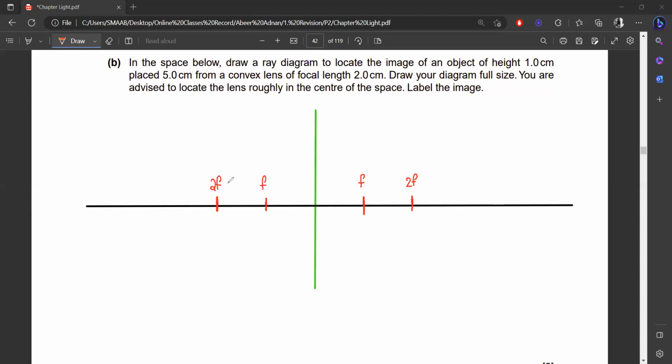And now the object is placed 5 centimeter from the lens. It means 1 more centimeter beyond 2F. It means that the object is placed over here. So this is 5 centimeter. And the height of the object is 1 centimeter.